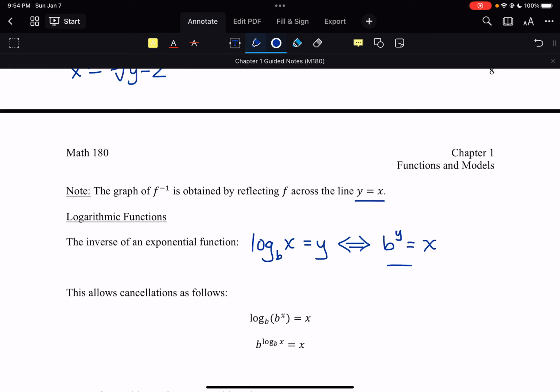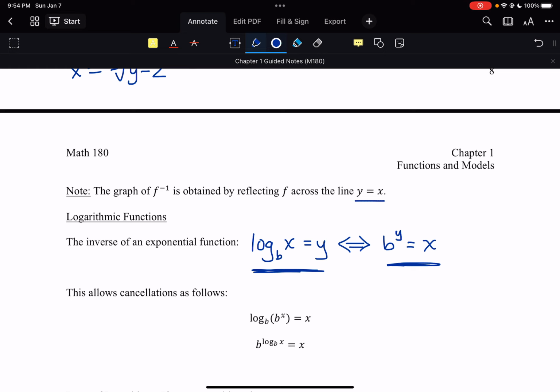So these are two equivalent statements. This one, of course, is the one we're used to, the exponential form, but they are exactly equivalent to each other.